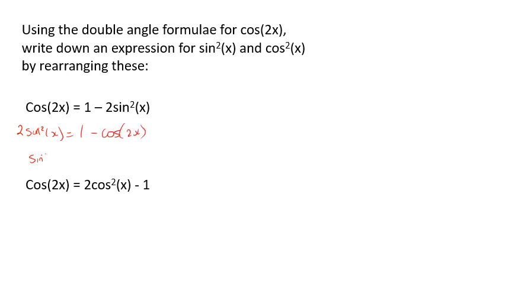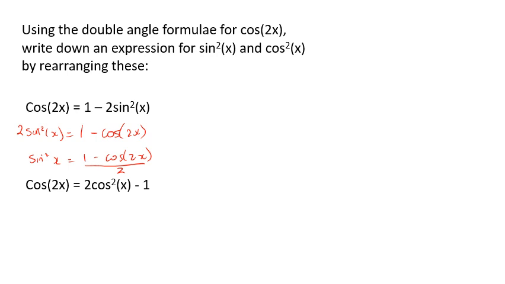So sine squared x is 1 minus cos of 2x all over 2. So if you needed to integrate sine squared, you could integrate this instead, which is much easier to integrate. So we'll do that on the next slide.